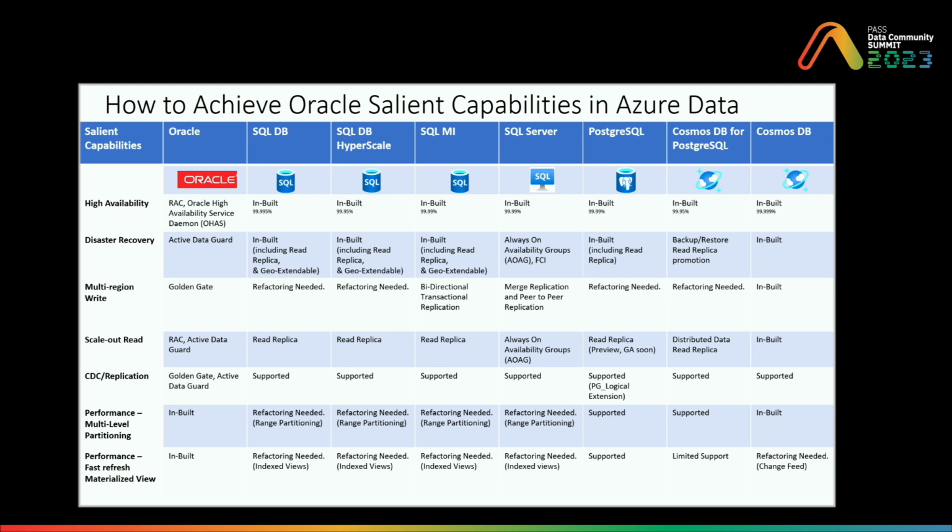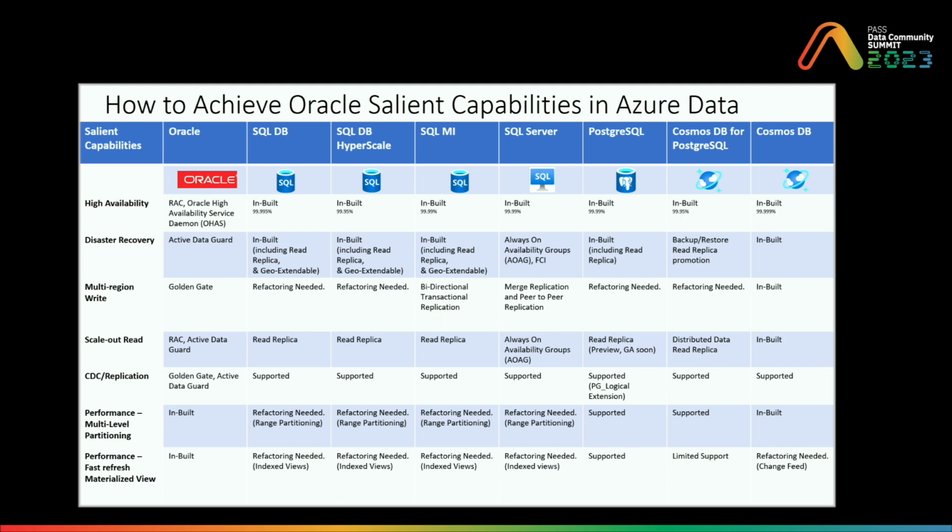They are. But from a salient capabilities point of view, if any customer or enterprise wants to migrate from Oracle to, let's say, either PostgreSQL on Azure or SQL or Cosmos DB, how can they map those salient capabilities? These are some of the top asked and talked about points when we walk into those architectural discussions.